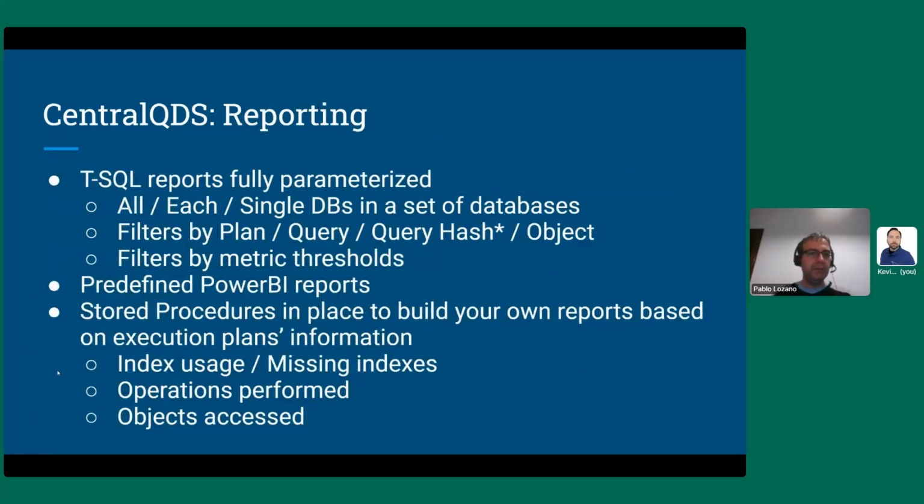And about the reports, there are some T-SQL reports that are fully parameterized. So you can get information for each database, for all databases, which would be an aggregation of the metrics for each individual database, or for a single database. You can also decide to filter that by a particular plan or query hash or object. So let's say you don't really like running the Power BI reports, or you're not really a fan of Power BI reports like I am.